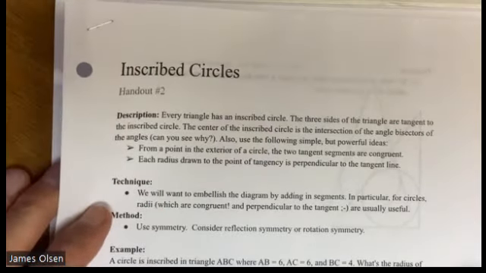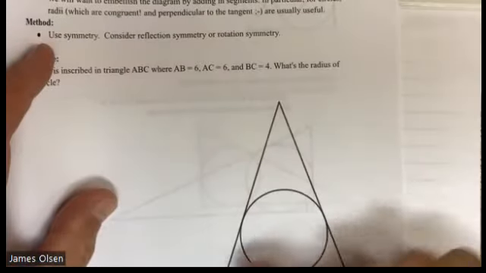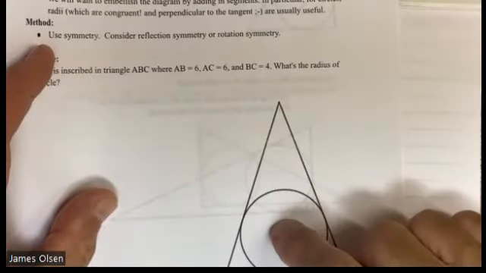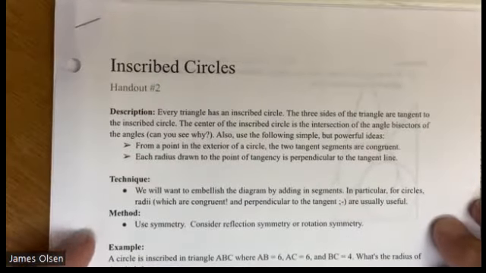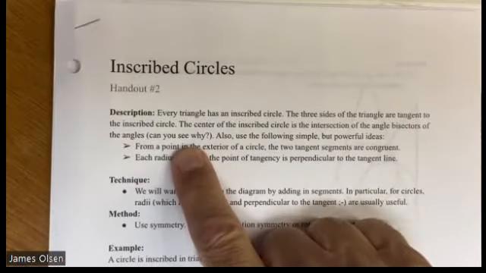The center of the inscribed circle is the intersection of the angle bisectors of the angles. So if I would make the angle bisectors here, they would meet at the center of this circle. And I'll have you think about why that is true.